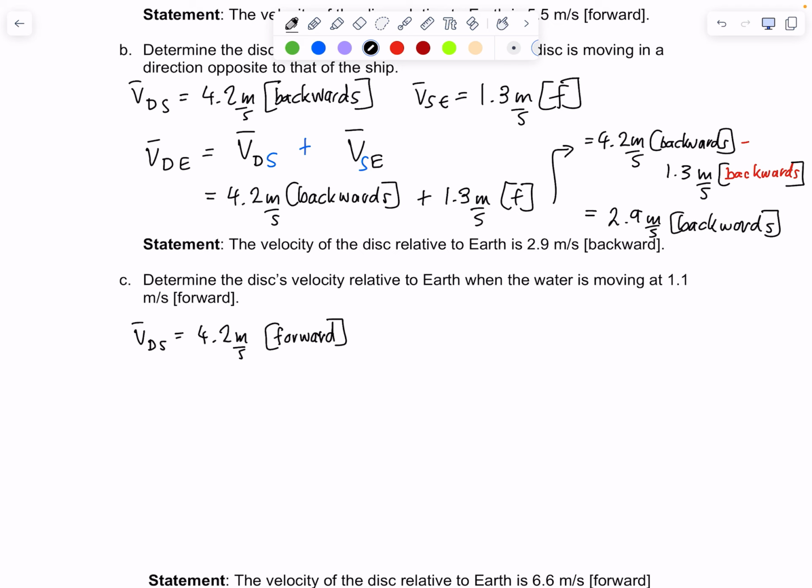We know that the ship is moving 1.3 meters per second. But now this is relative to the water, not relative to the earth. Before, the water wasn't moving. And I know the velocity of the water relative to the earth is 1.1 meters per second forward.